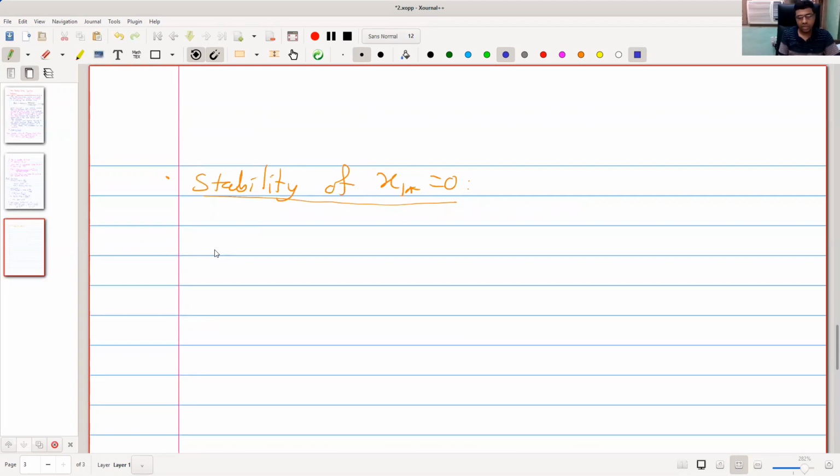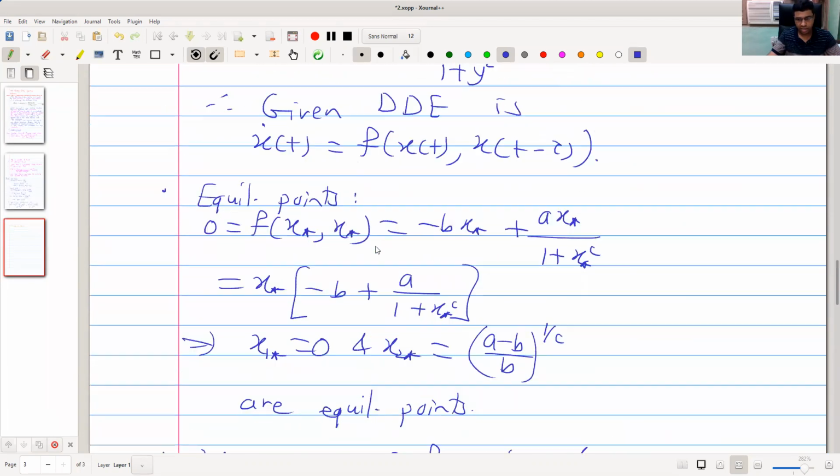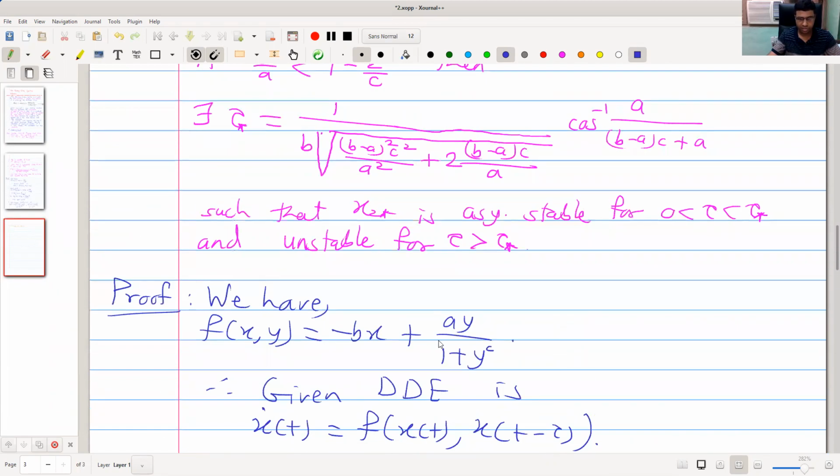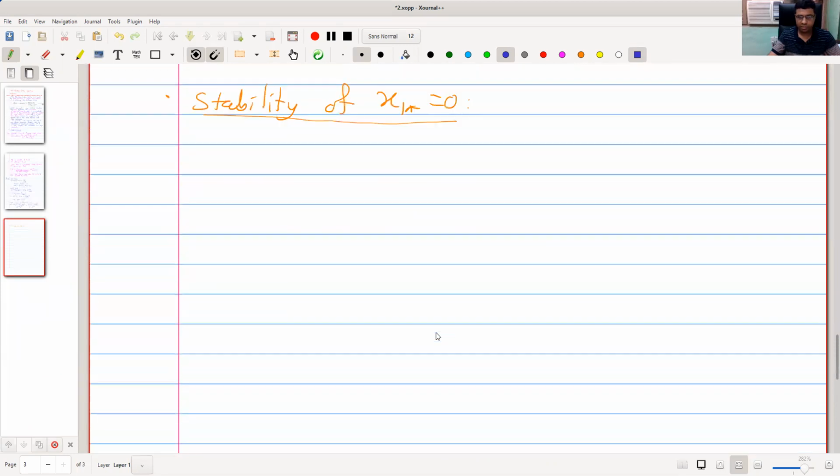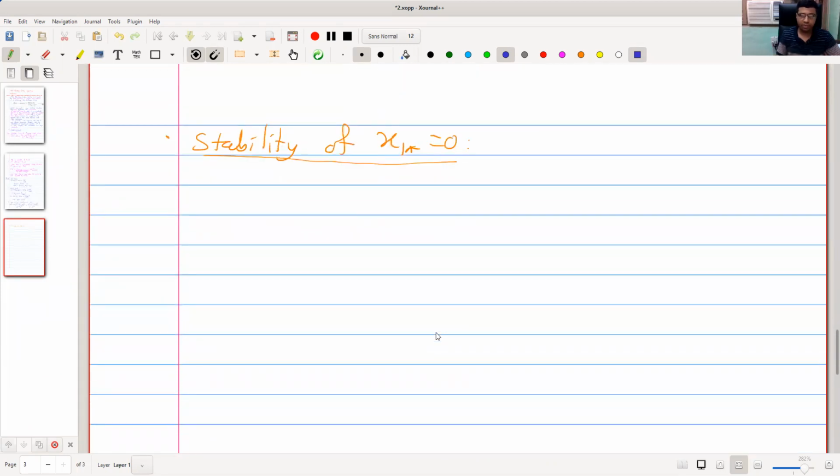In the stability result, we are calling these constants a and b. But already in this model we are taking a and b as parameters. So instead of a and b, we call them alpha and beta.